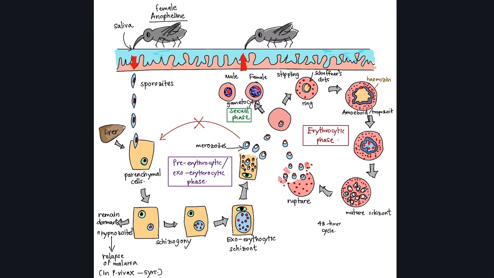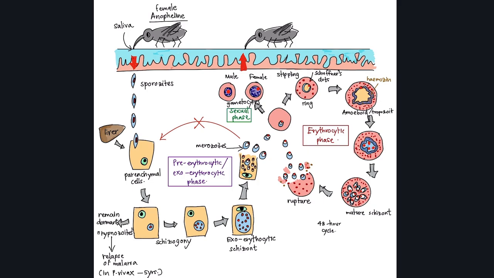These Plasmodium use hemoglobin for their nutrients, and after that they produce malarial pigment, called hemozoin. Also in the cytoplasm we can identify red dots, called Schüffner's dots, and this production of Schüffner's dots we call stippling.